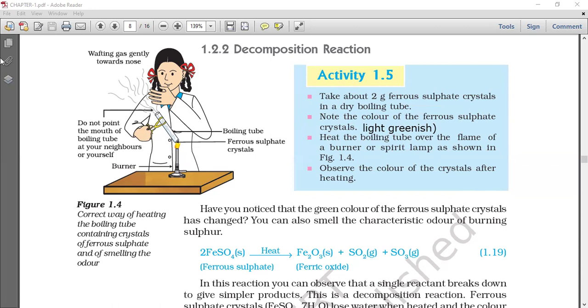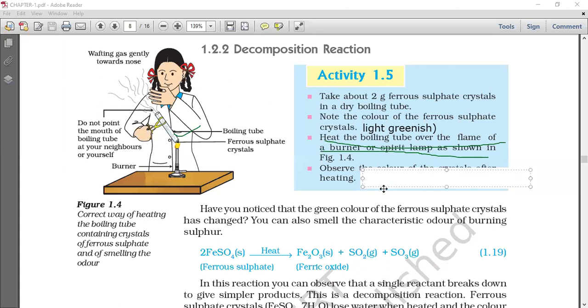Next, after taking the ferrous sulfate crystals, what is he saying? Now after taking it in the test tube, heat the boiling tube over the flame of a burner or spirit lamp as shown in figure 1.4. Observe the color. What type of color will you see? So we did this activity.